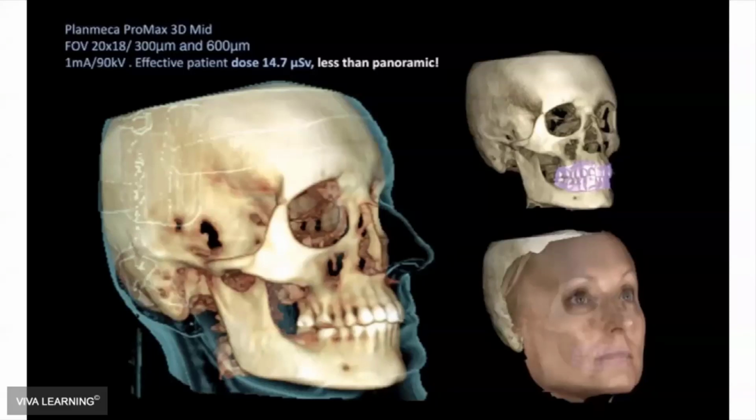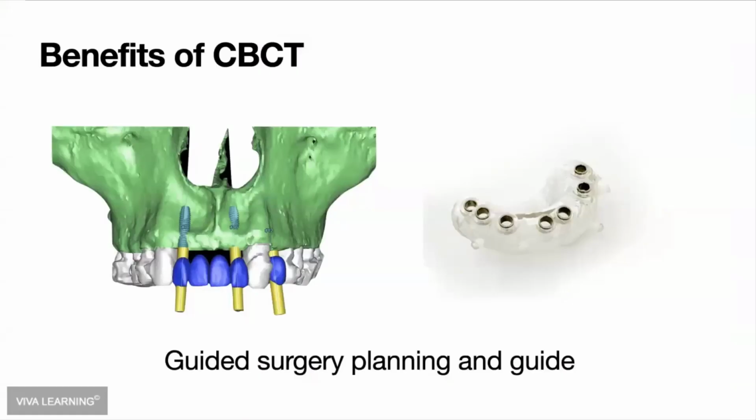So you just keep layering, and you could have the patient smiling and be able to see all of this, from the soft tissue of the face and lips to the teeth to the cone beam images. All of that can now be integrated, and it's getting to be more and more mainstream, and allows us again to do better diagnosis. So some of the benefits of CBCT: again, guided surgery for planning.